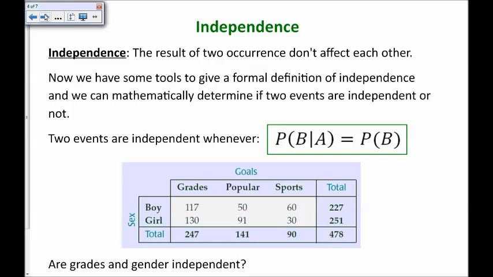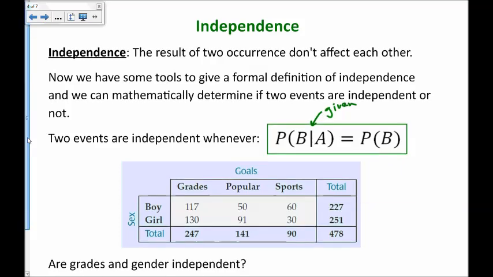Now that we have the tool of conditional probability, we can come up with a mathematical definition for independence: the probability of B given A is equal to the probability of B, meaning that the probability that B will occur is independent of whether or not A has occurred or will occur.